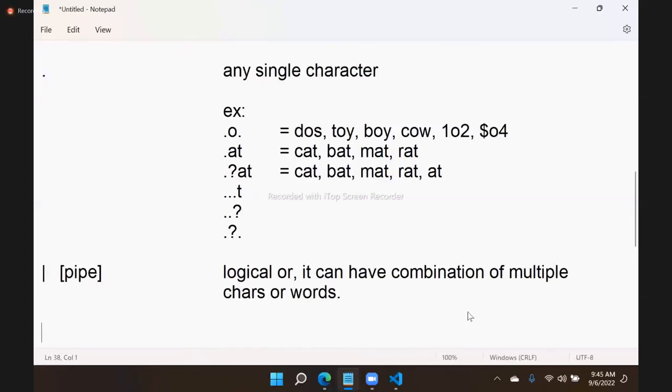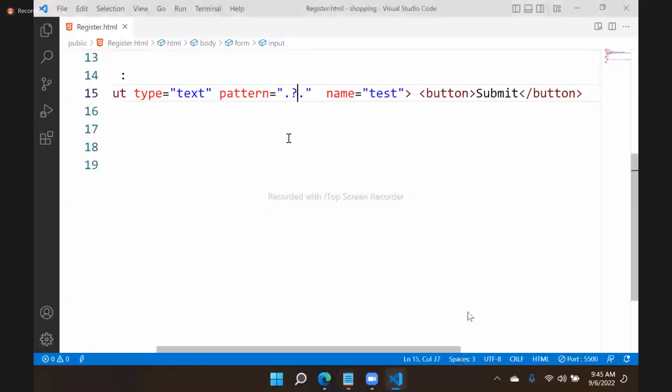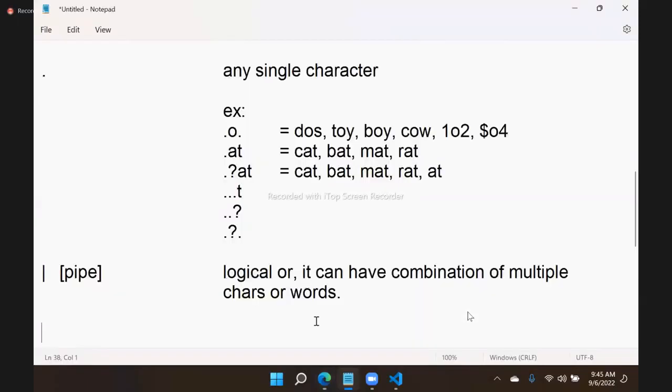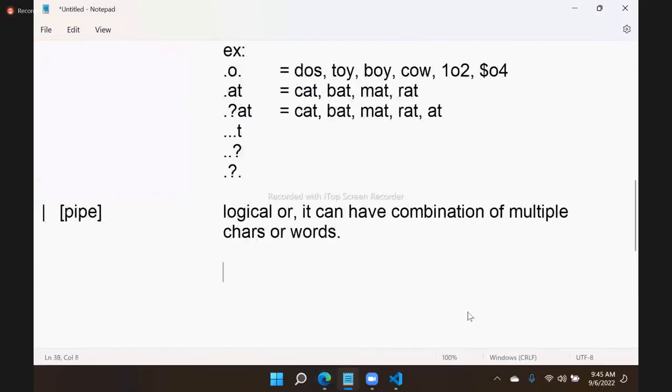For example, suppose here in the test, I am writing a placeholder. I will say RGB only. That means in this text box, only the words red, green, and blue are allowed. Now, what is common in these three words?